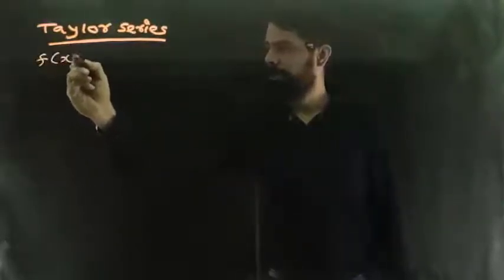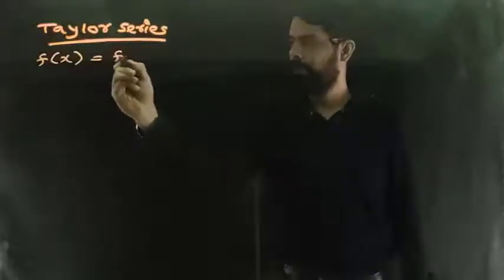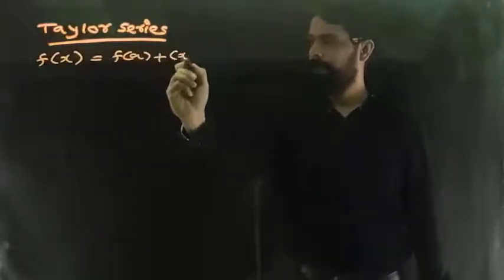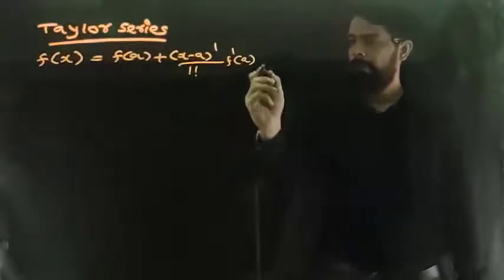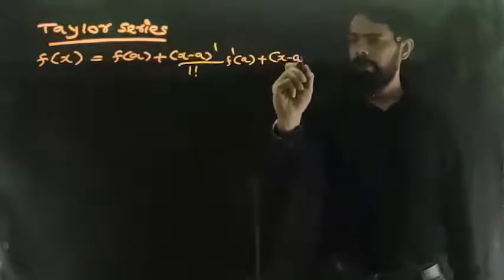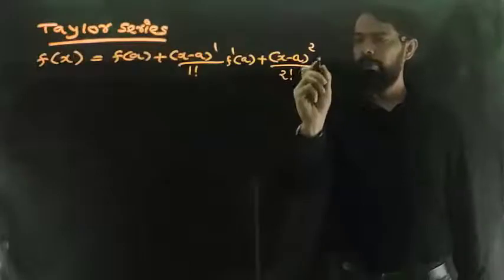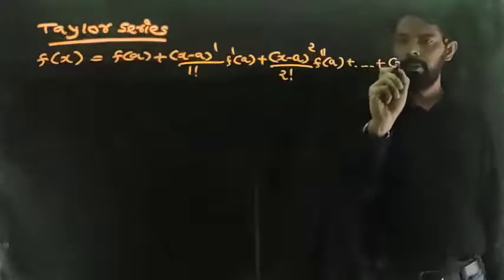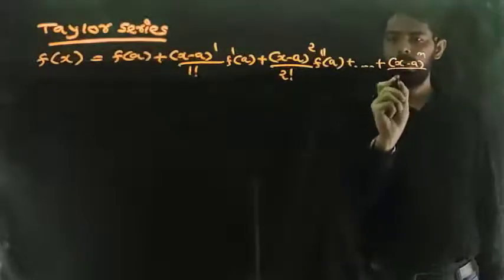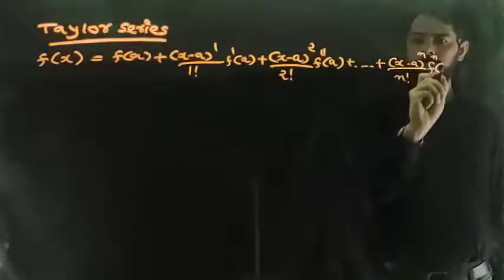In the last lecture we discussed that the Taylor series of a function f(x) is given by f(x) = f(a) + (x - a)^1/1! f'(a) + (x - a)^2/2! f''(a) + and so on, plus the nth term will be (x - a)^n/n! f^n(a) + and so on. So this is the Taylor series of function f(x).